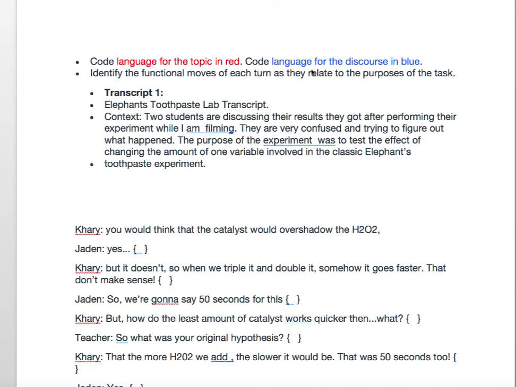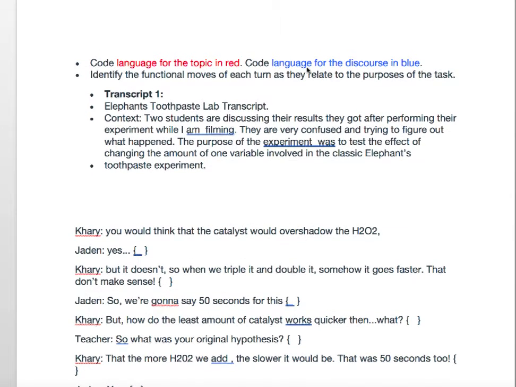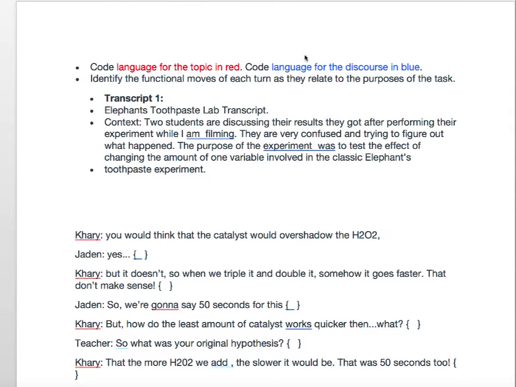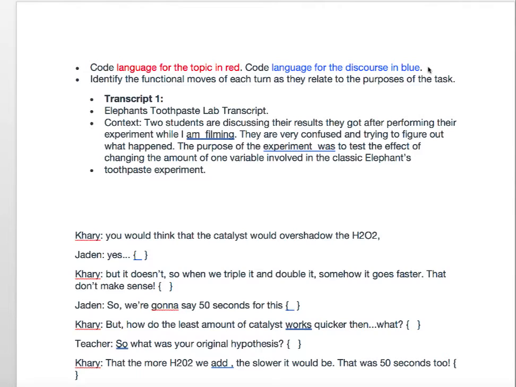And so to help your learners discover what those common elements of all lab reports are, linguistically speaking, or in math as well. I mean, there are common routines that involve language, and helping your learners learn the language of the discourse of those routines is going to be a great support to them.